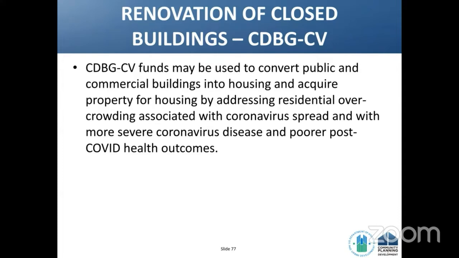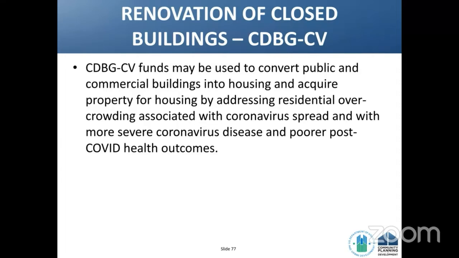That can be done either to develop a homeless shelter or what we call permanent housing units, because it's not new construction. You have a structure already there in place. It just wasn't a housing structure before. However, it's being converted into one. So it's not considered new housing construction, which is prohibited.